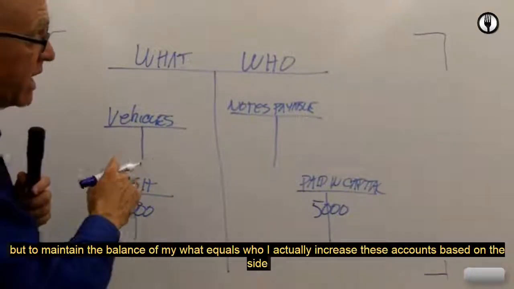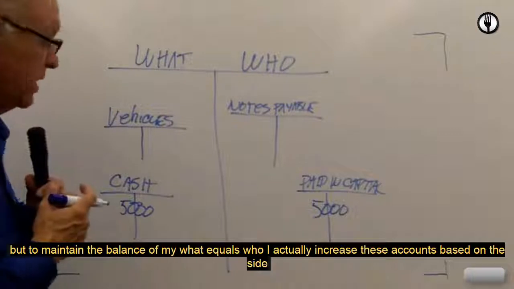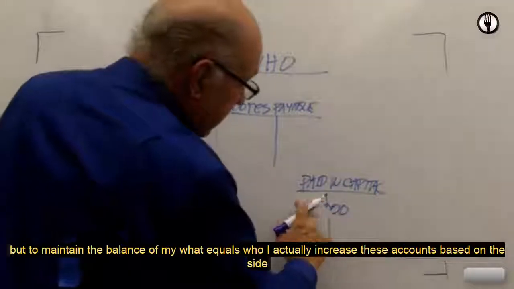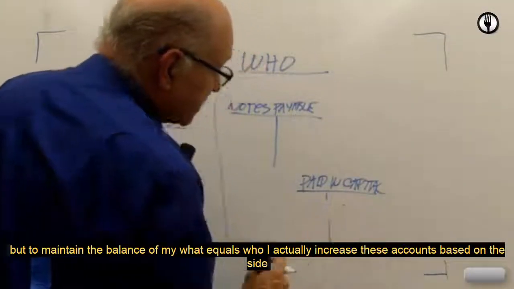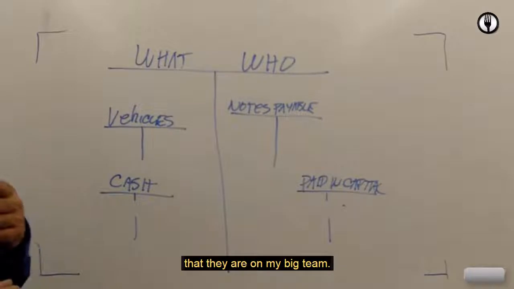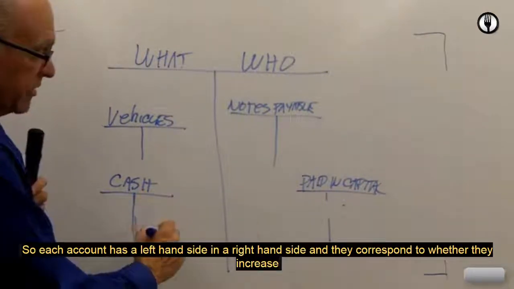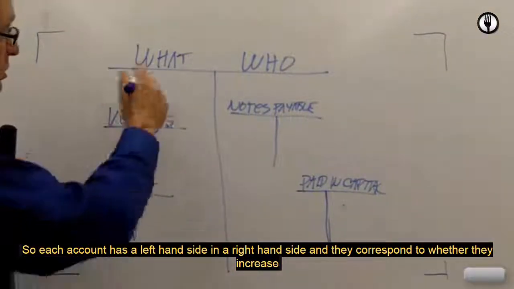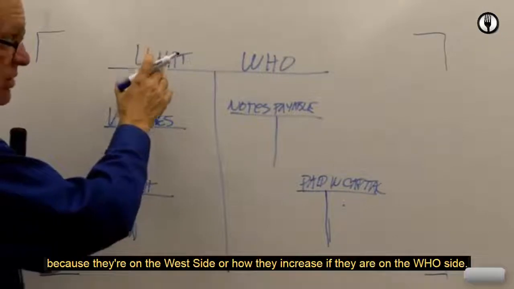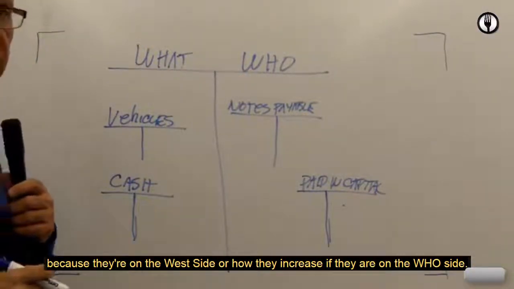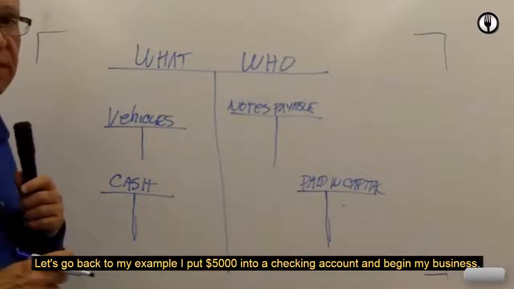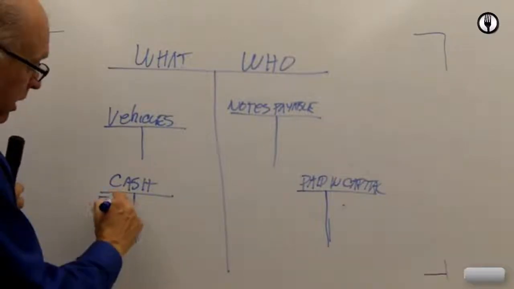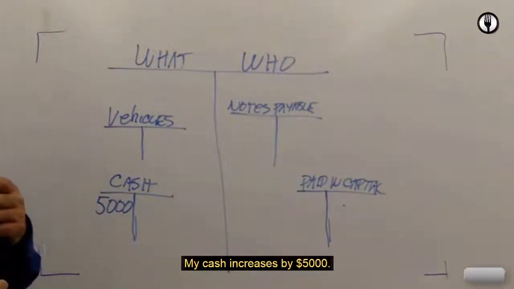But to maintain the balance of my what equals who, I actually increase these accounts based on the side that they are on my big T. So each account has a left-hand side and a right-hand side. And they correspond to whether they increase because they're on the what side or how they increase if they are on the who side. Let's go back to my example. I put $5,000 into a checking account and begin my business. My cash increases by $5,000.